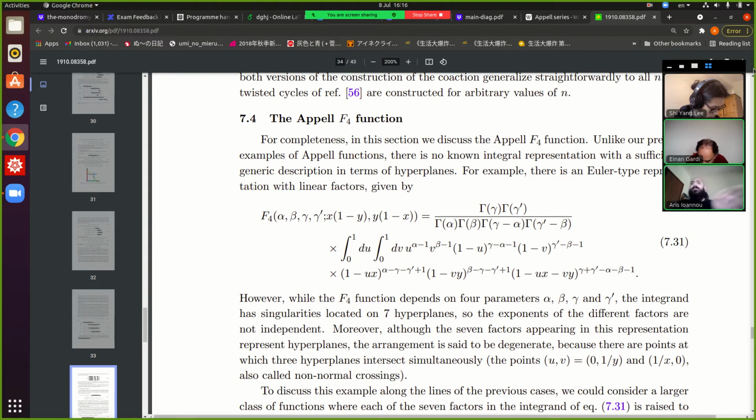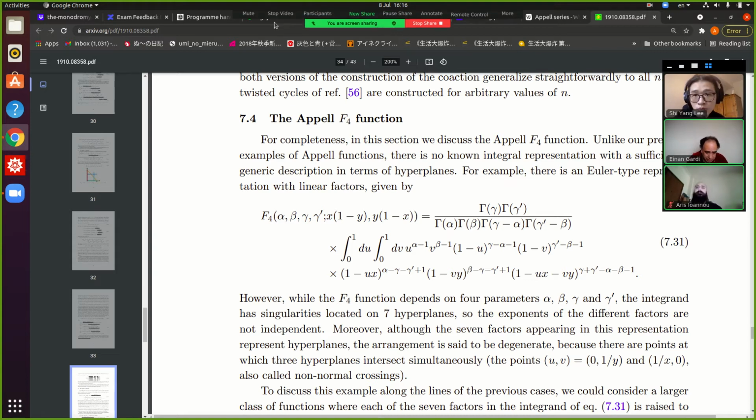Okay. So what Aris is essentially saying is that the last factor in the integral representation, the one that contains the external kinematic variables, should not be written in terms of a linear combination of the external kinematic variables. Let us look at your representation again.